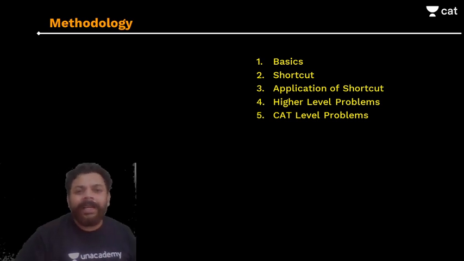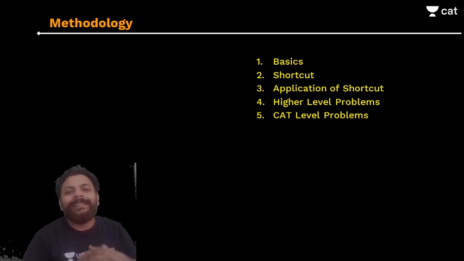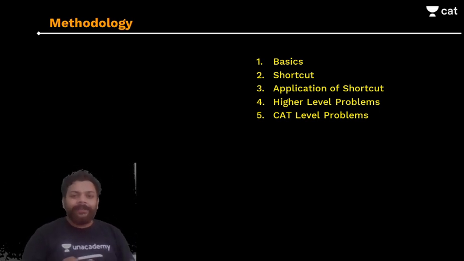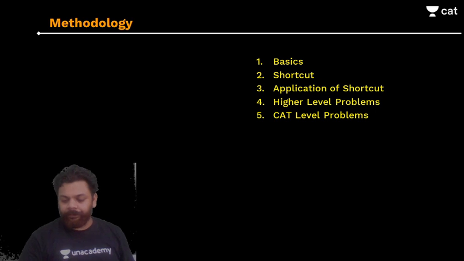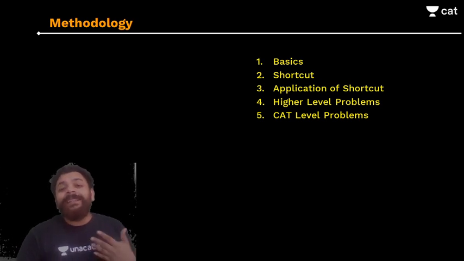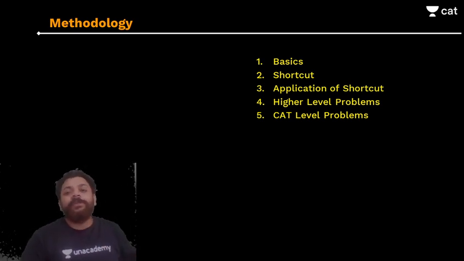So talking about my methodology, I'll start with the quite basic, in which I'll deal with the conventional approach. After doing that basic, I'll take the shortcut of that chapter. After that, I'll explain how to apply this shortcut on a particular question.